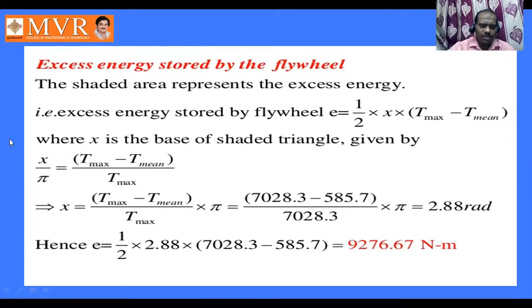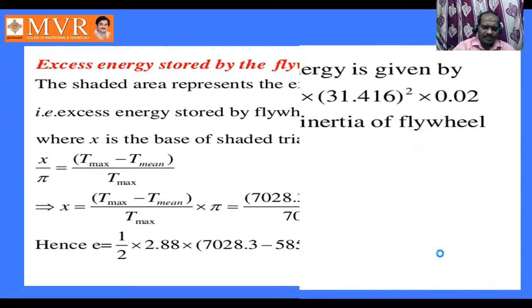So x can be calculated and it is 2.88 radians. So hence E is equal to half into 2.88 into T max minus T, that is expansion stroke minus compression stroke, that is 7296.67. So we obtain this relation.